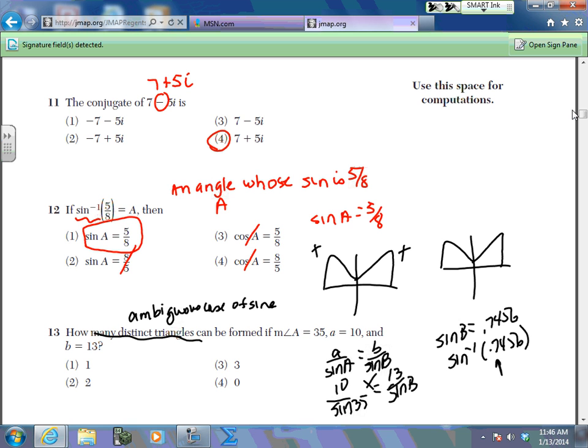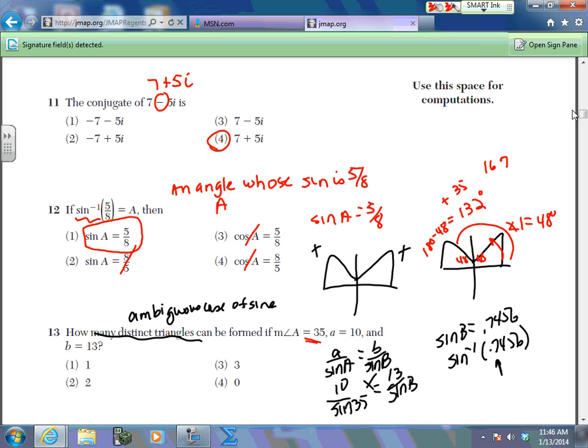This angle is 48 degrees. That sits right here in quadrant 1. That's your reference angle also for quadrant 2. So angle 1 could be 48 degrees, and this angle could be 180 minus 48 degrees, which is 132. Then the next key is to take the existing angle, which would be angle B here. If I add 35 to this one, I get 167.